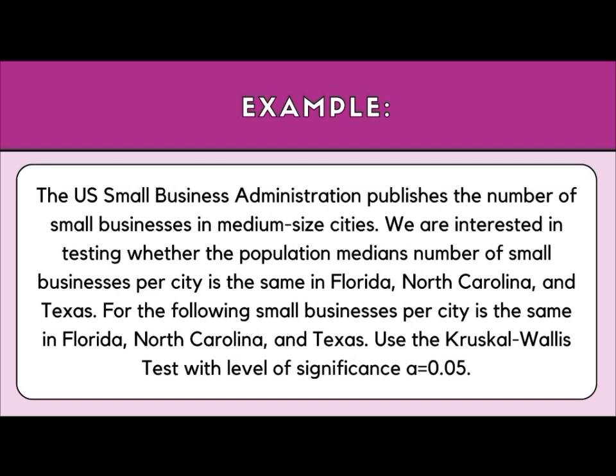Use the Kruskal-Wallis test with the level of significance alpha equal to 0.05. In this example, how many are our samples? We have three samples, which are the Florida city, North Carolina, and the Texas city.